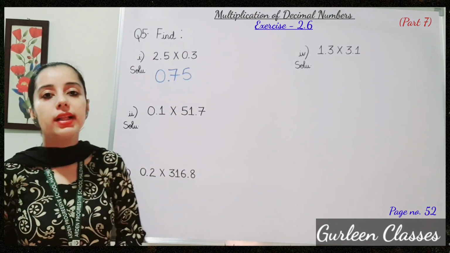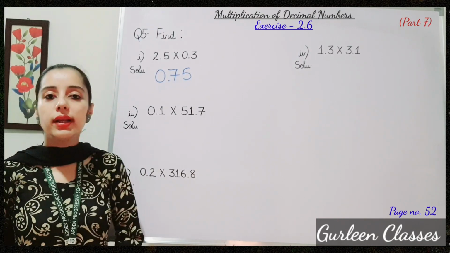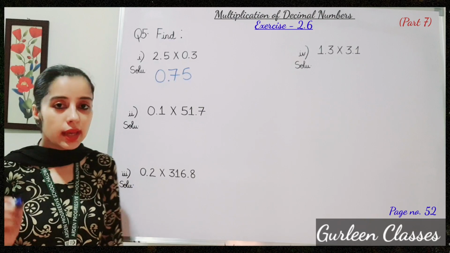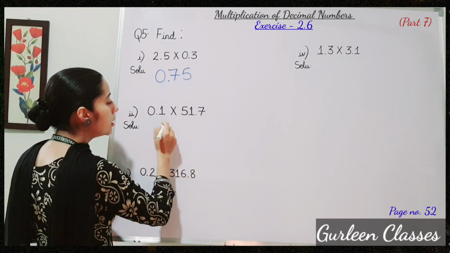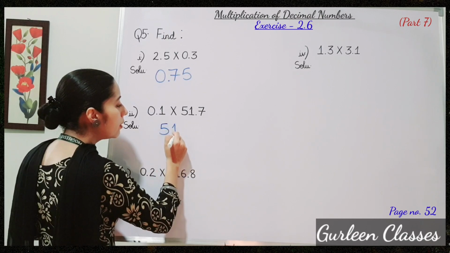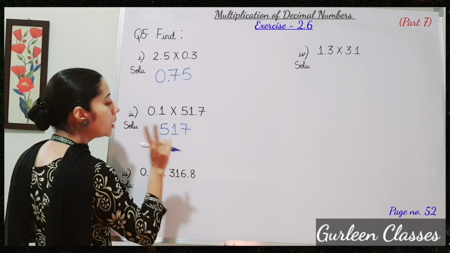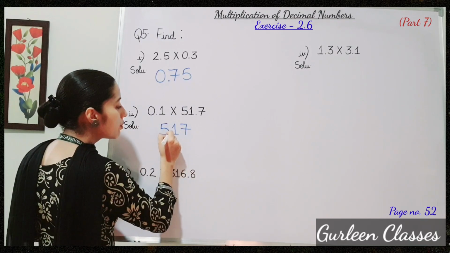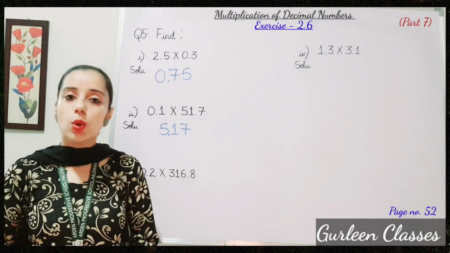Now second part, 0.1 into 51.7. Ignore the decimal point. 517 into 1 is 517. After the decimal points there are 2 digits. So your answer is 5.17.